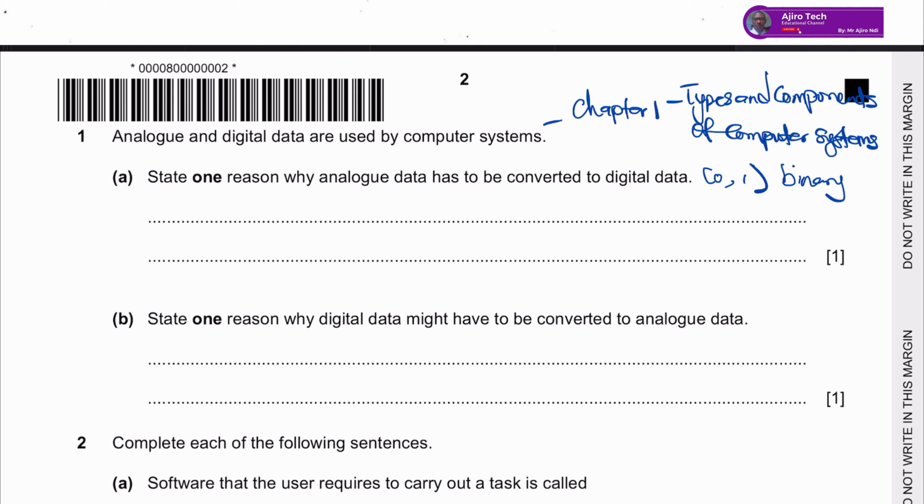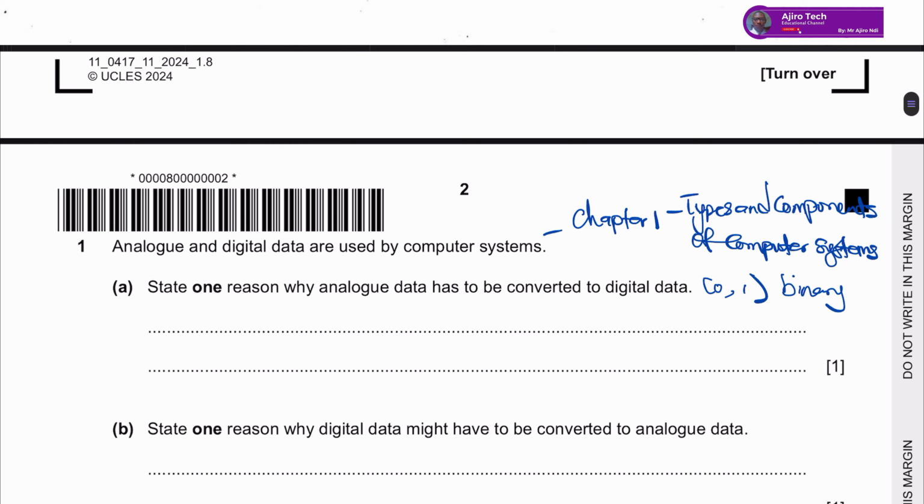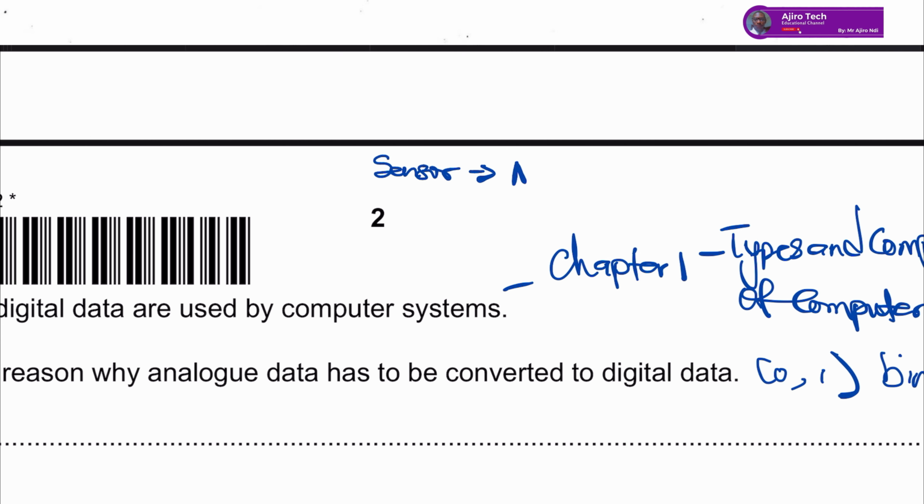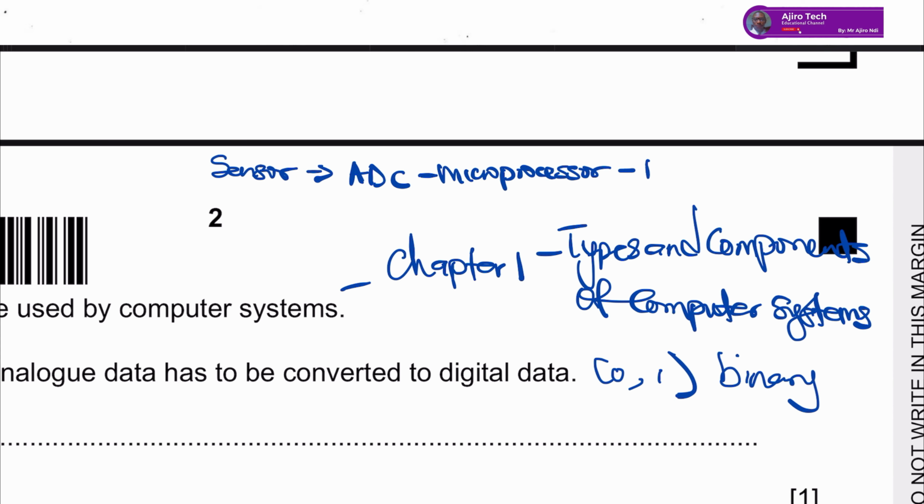And it is the only reason there is, because for us to be able to convert it, it goes through a process like this. So we have the sensor, we have the ADC, we have the microprocessor, we have the DAC, we have the actuator.